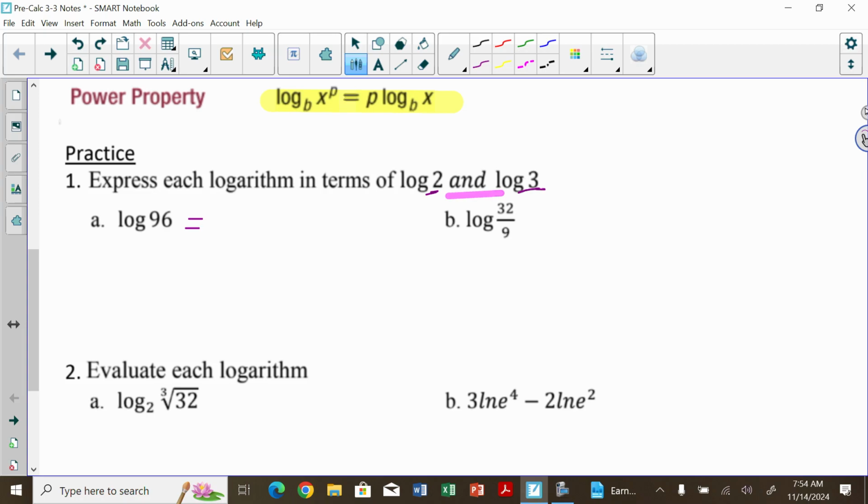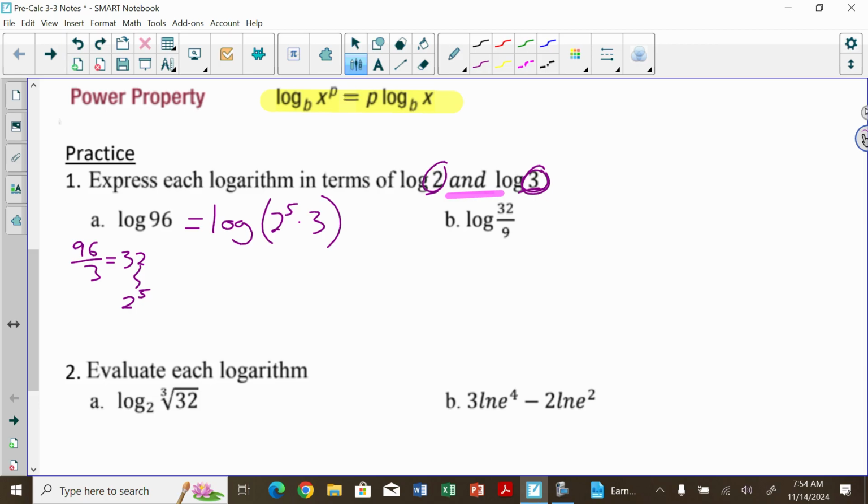I could divide by 2 or 3, but 3 seems to work here. What I end up getting is 32. Well, that is nice because that's 2 to the 5th power. Now I can write it in terms of 2 and 3, because I could say log of 96 equals log of 2 to the 5th power, because that was 32, times 3.